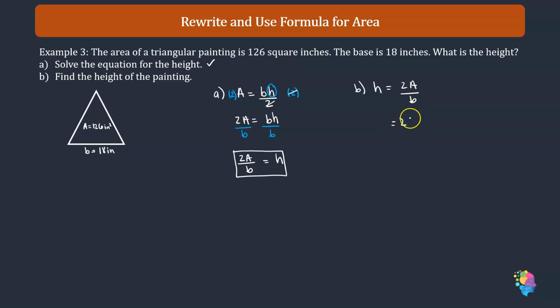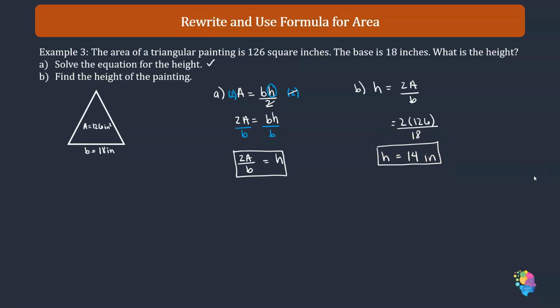So this is 2 times the area, 126, divided by the base. The base is 18. So 2 times 126 is 252 divided by 18. That's going to give us a 14. So then the height is 14 inches.